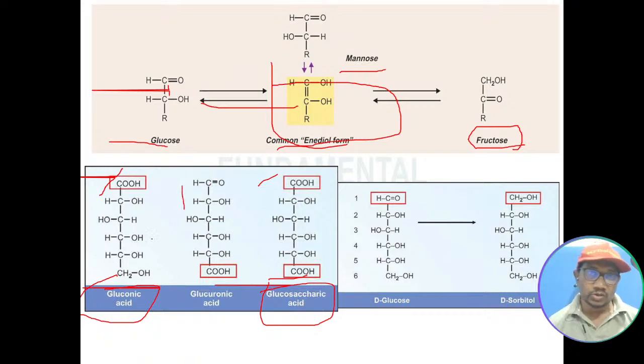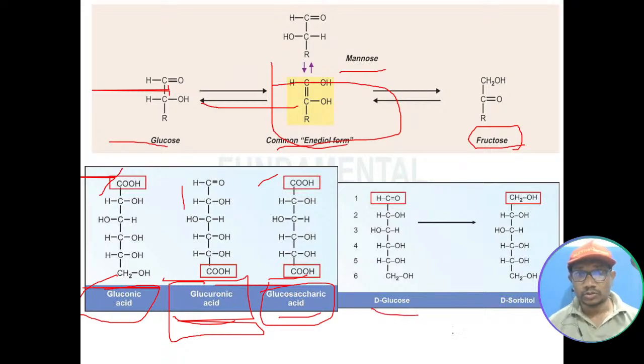If only the terminal alcohol group gets oxidized, you will get glucuronic acid. If the functional group of the sugar is oxidized, that will give you gluconic acid. If the terminal alcohol group is only oxidized, you will get glucuronic acid. And if both are oxidized, then you will get glucosaccharic acid.